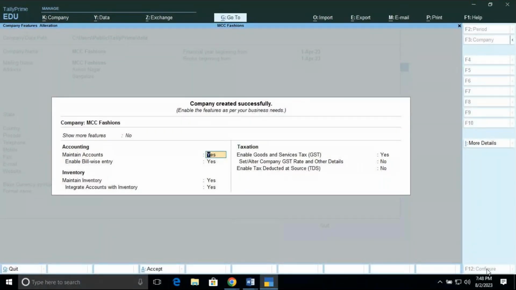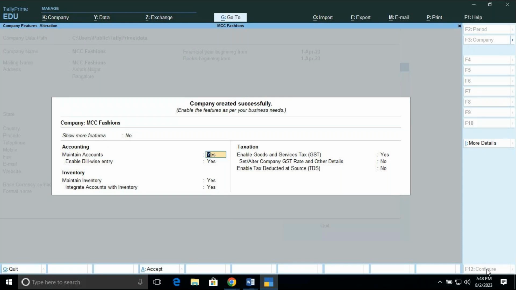See, company created successfully. It also says enable the feature as per your business needs. See, there is GST for ready-made garment, 5%. But at this juncture, I do not want to take GST. Let me familiarize you with invoicing concept.